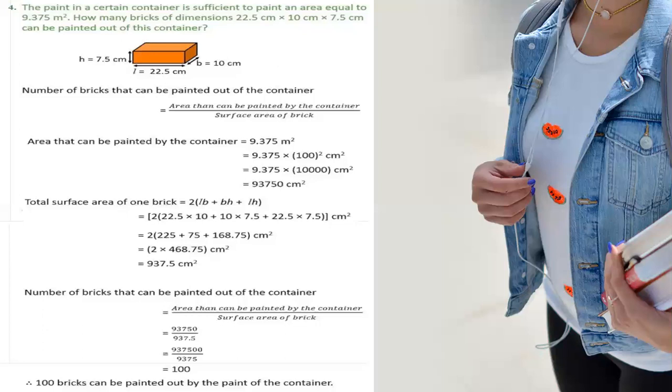So the number of bricks that can be painted out of the container is equal to the area that can be painted by the container divided by the surface area of the brick, which is 93750 by 937.5. So by solving we get the value as 100. Therefore 100 bricks can be painted out of the paint of the container.